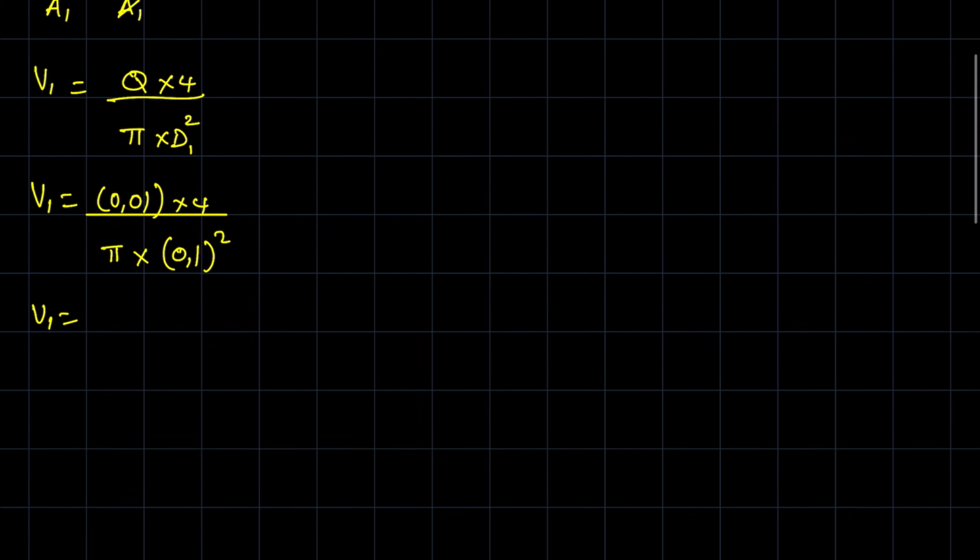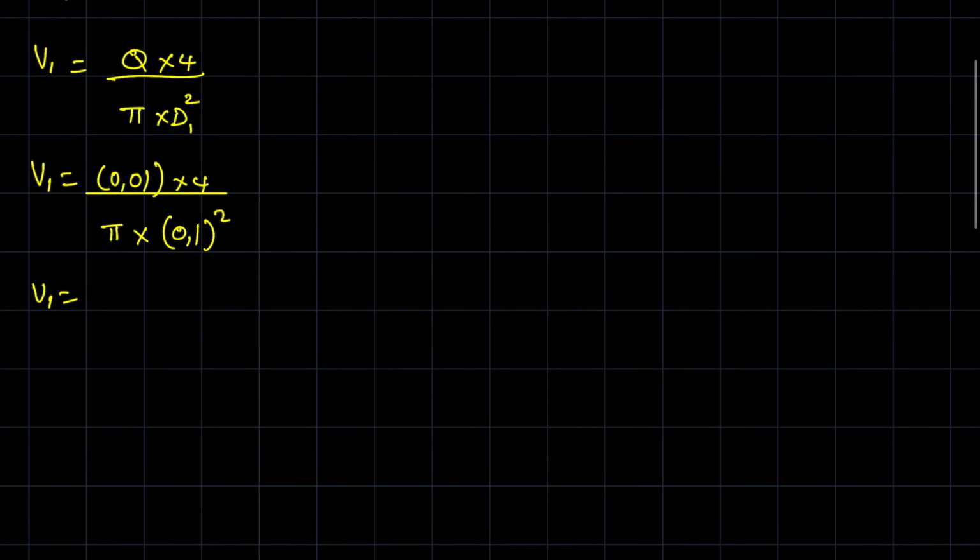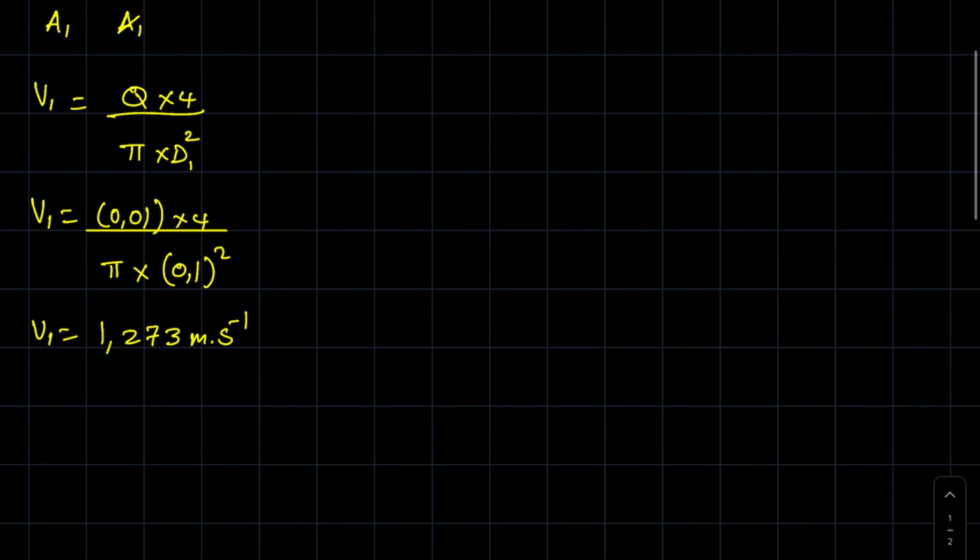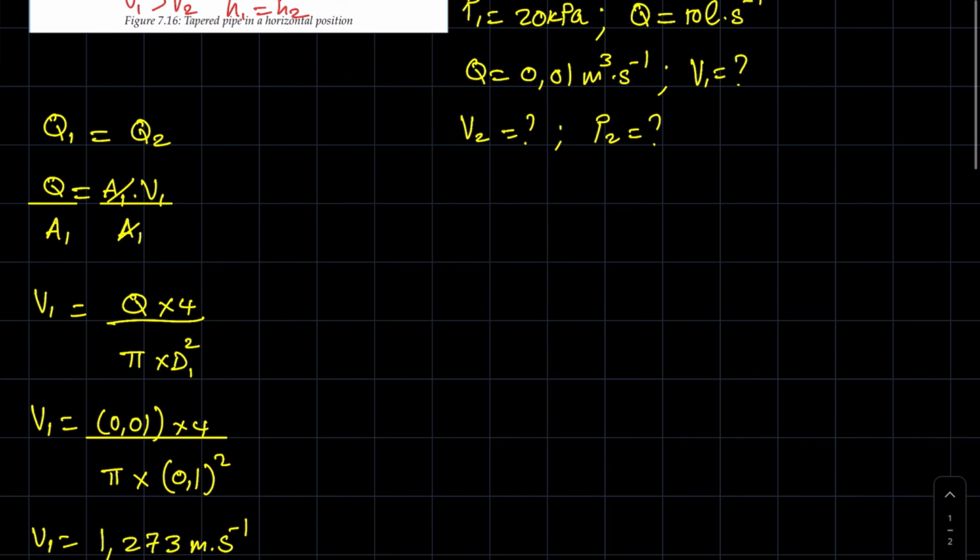Now in calculating this, we will get 1,273 meters per second. So V1 is equal to 1,273 meters per second.